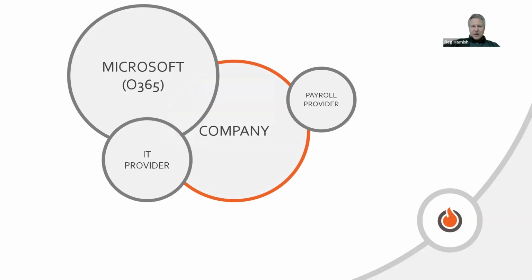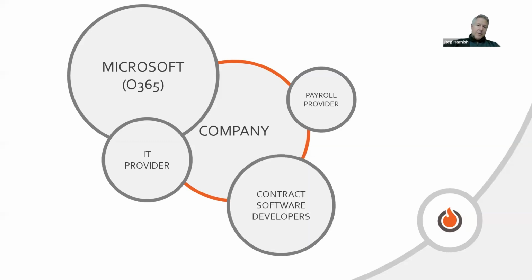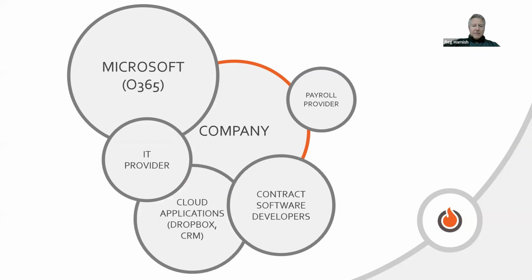You've handed the keys to your kingdom to an IT provider or managed services provider, and probably have never done a risk assessment on them, yet they have literally the highest level of admin access to every one of your assets. Many of you are developing software, and some of that software development occurs offshore, or domestically but certainly from a third party. Again, things like Dropbox, QuickBooks, most of your data lives in third-party clouds somewhere along the way.